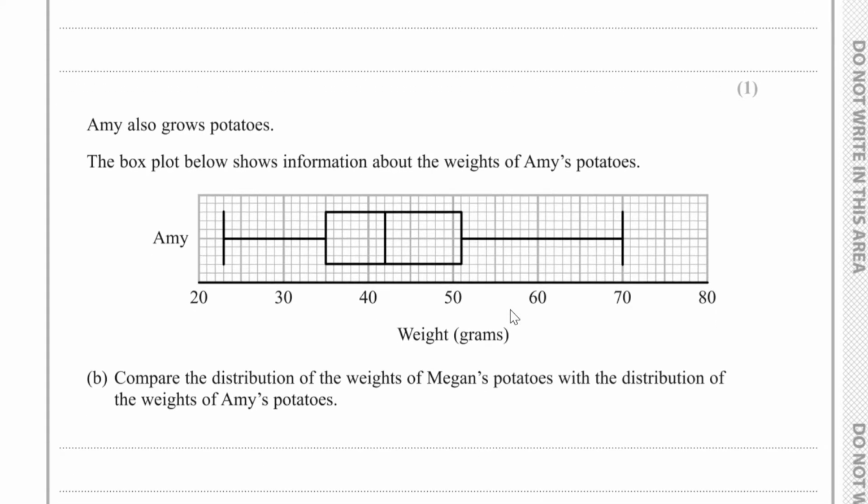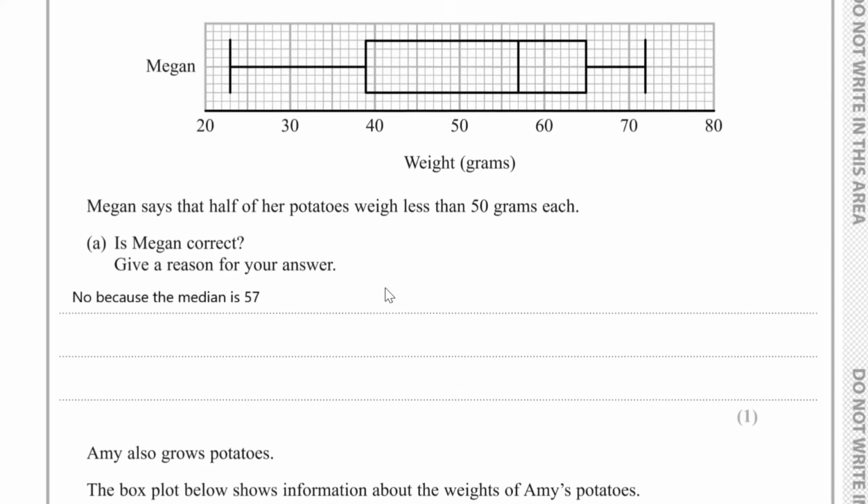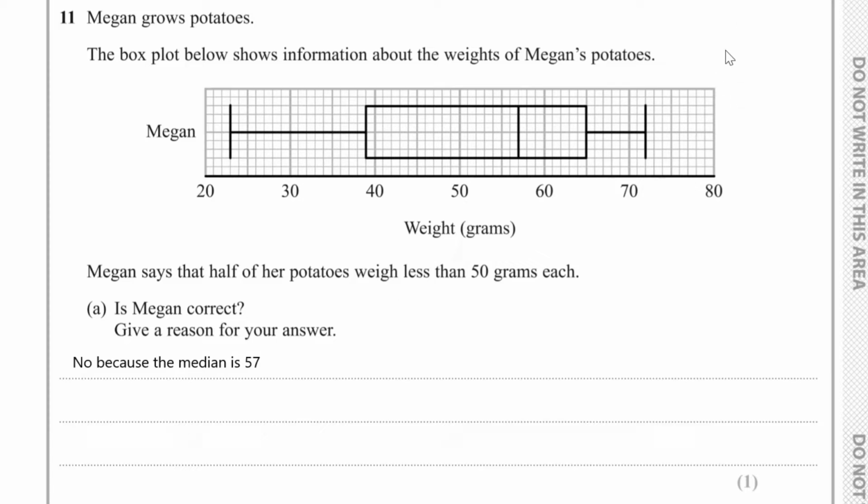And now for part B, Amy also grows potatoes. The box plot shows information about the weights of Amy's potatoes, and we have to compare the distribution of the weights of Megan's potatoes with the distribution of the weights of Amy's potatoes. Well, what we can do over here is compare the interquartile range and the median. So the median here, that's equal to 57, we said that before, and here the interquartile range, that's equal to the upper quartile 65 minus the lower quartile 39.